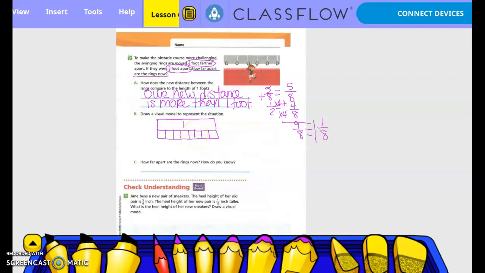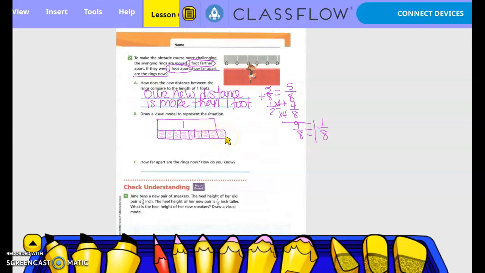Okay, and then we said, so we have to color in 5 of those, right? So 1, 2, 3, 4, 5. Okay, and then we said 1/2 is also equal to 4/8. So we're gonna have to draw another 8, right? And then 1, 2, 3, 4.